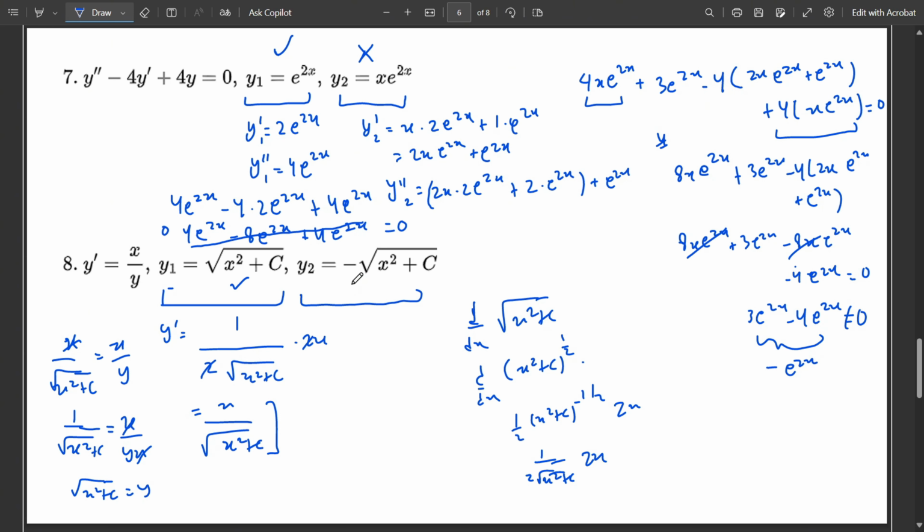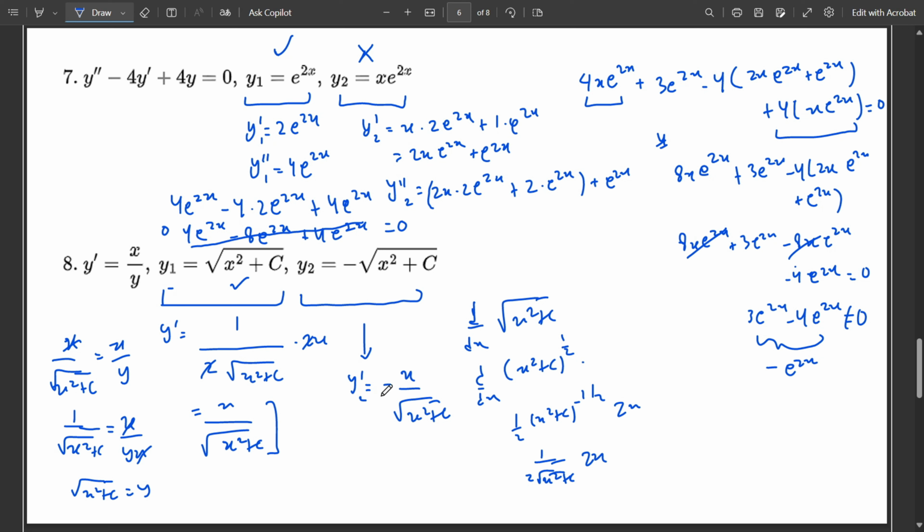And here y equals negative square root of x squared plus c. So y prime is just the same, but negative x over square root of x squared plus c.